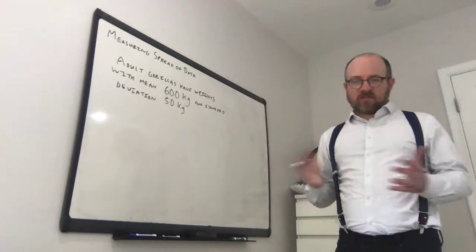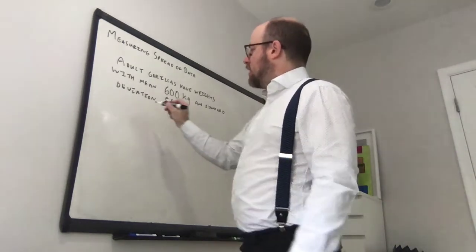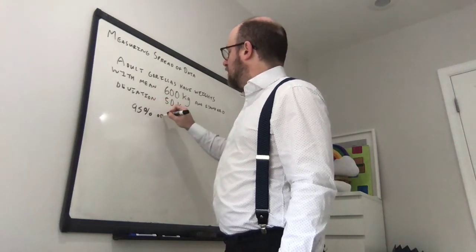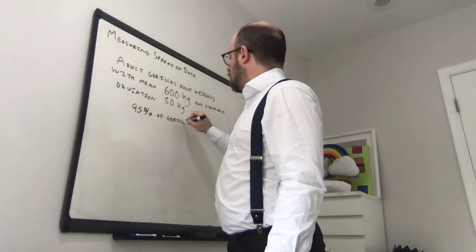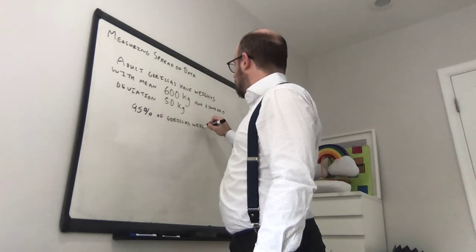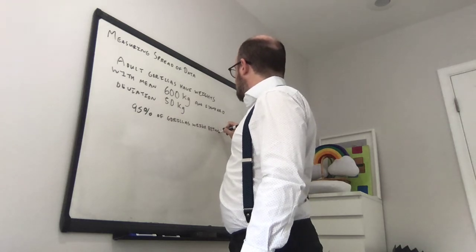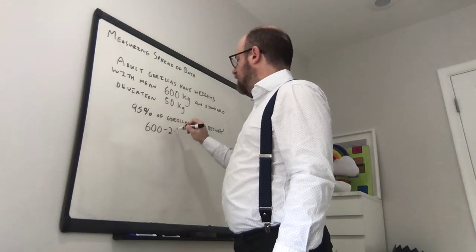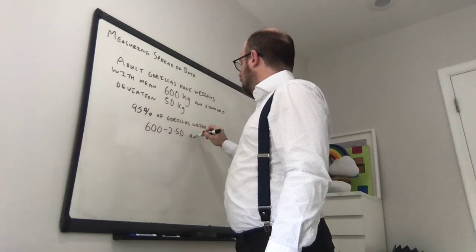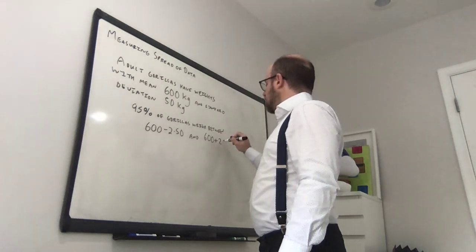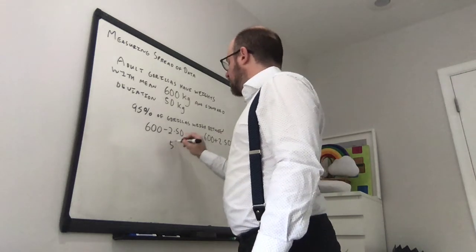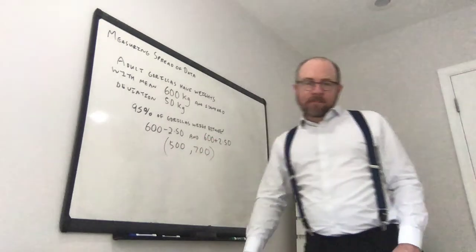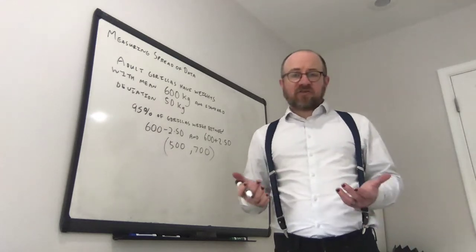So say you're told something like this, what you know is that 95% of gorillas weigh between 600 minus 2 times 50 and 600 plus 2 times 50. So between 500 and 700. Okay? So that's kind of what standard deviation tells you.